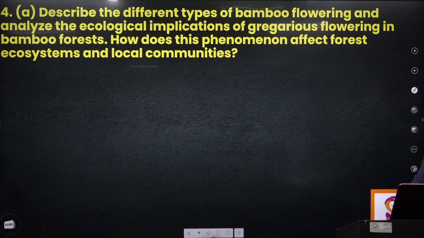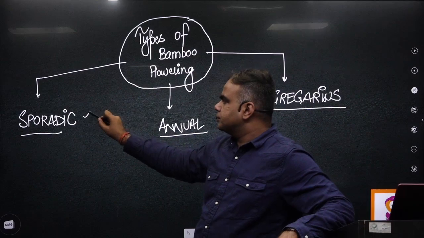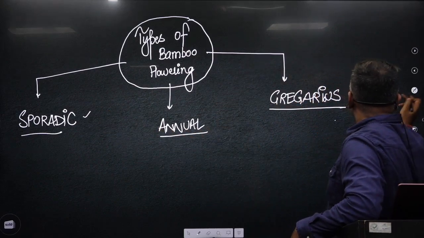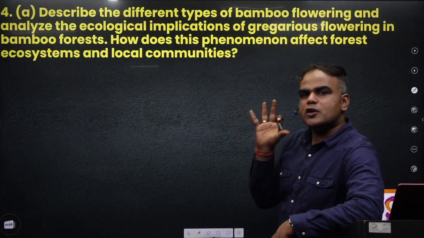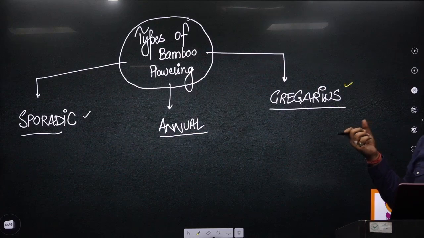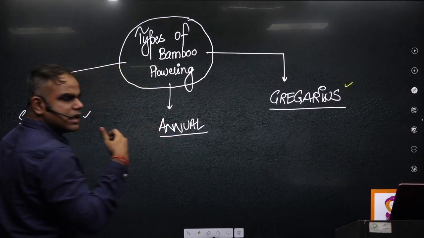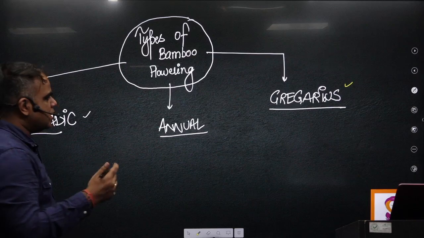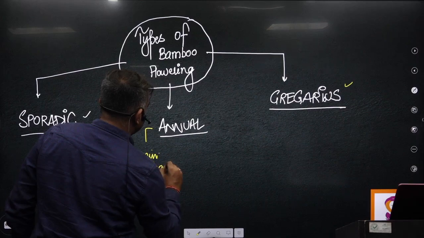Fine. So if we go about all the aspects of bamboo and what kind of flowering is going to happen, the types of bamboo flowering can be sporadic, annual, or gregarious. The question is asking about gregarious, but don't think that only gregarious flowering happens. Annual flowering is very periodic in nature, every year it happens, and it has minimal ecological implications.